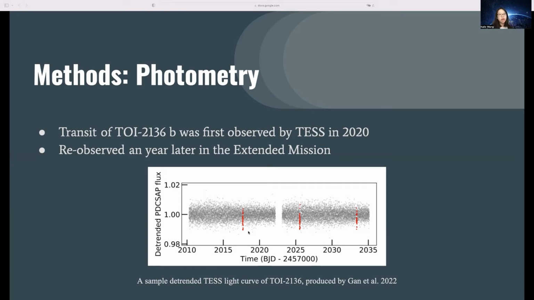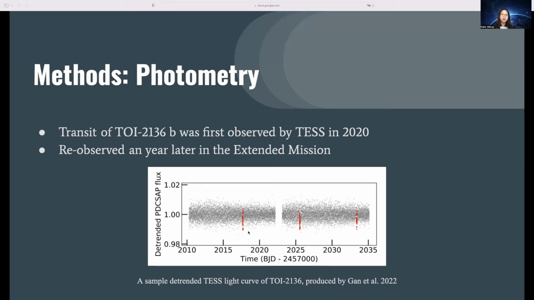Due to the large pixel scale of TESS, we can't just validate the presence of the planet based on the light curve, since eclipsing binaries could also be one of the false positive sources that could cause a transit signal.